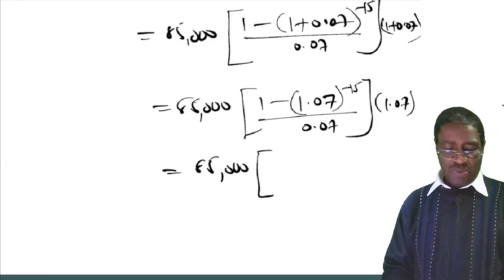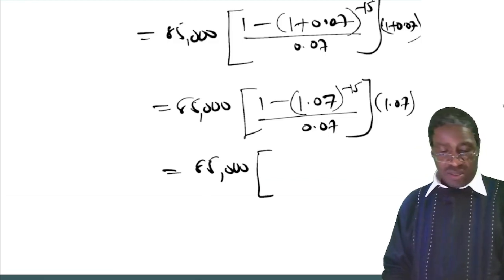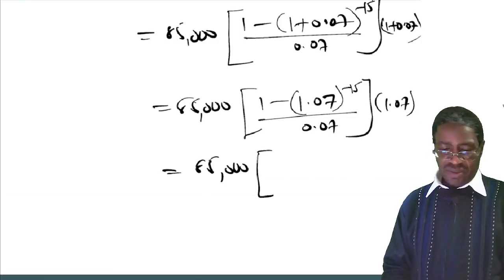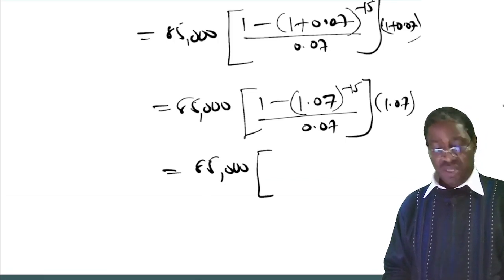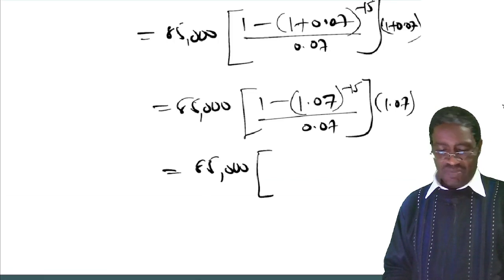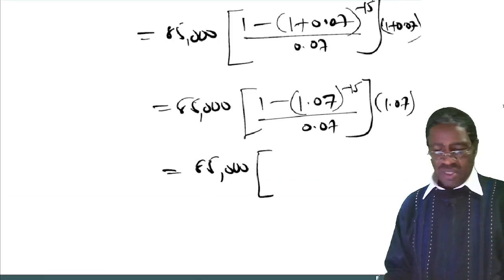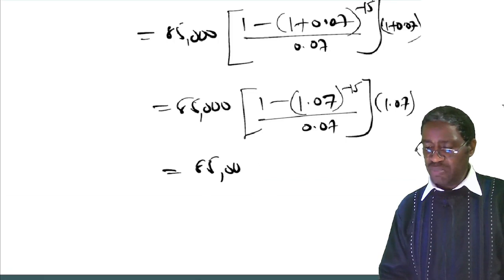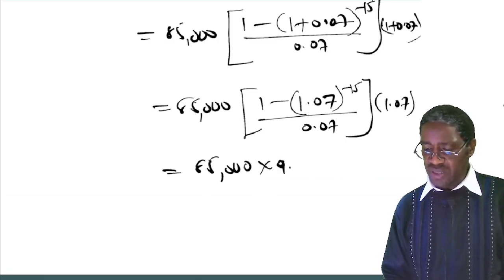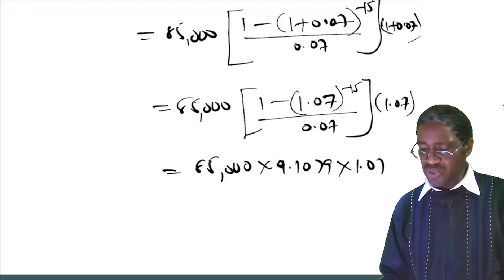I take 1.07 to the power of negative 15. Whatever I get, I subtract from 1. Then whatever I get, I divide by 0.07. That gives me 9.1079. Multiply that by 1.07.